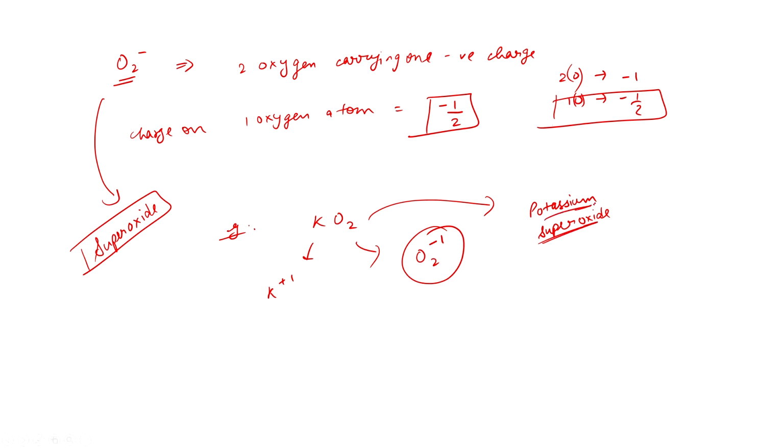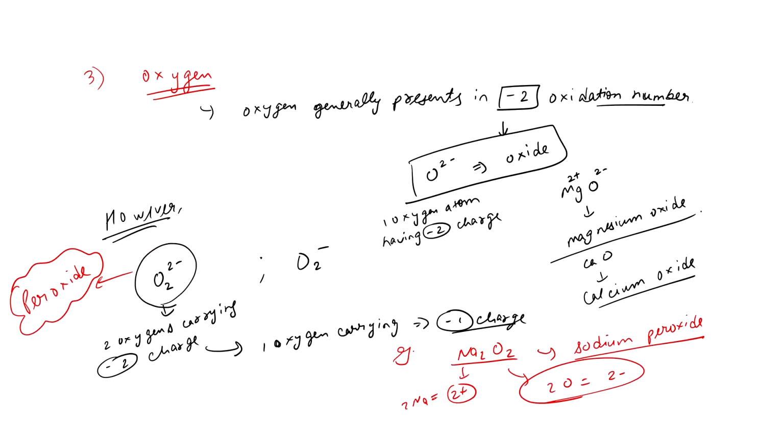The oxygen we have discussed generally exists in minus 2 oxidation number. This minus 2 oxidation number, when present as O2 minus, is known as oxide. So, any element when it combines with O2 minus, let us say Na2O, MgO is called magnesium oxide, CaO calcium oxide, and Li2O is called lithium oxide.